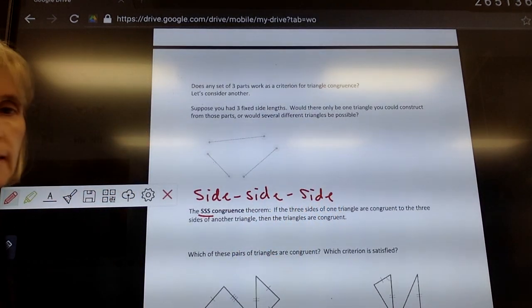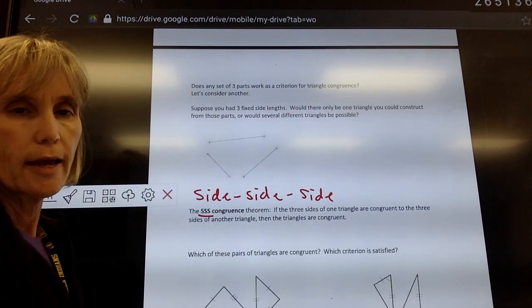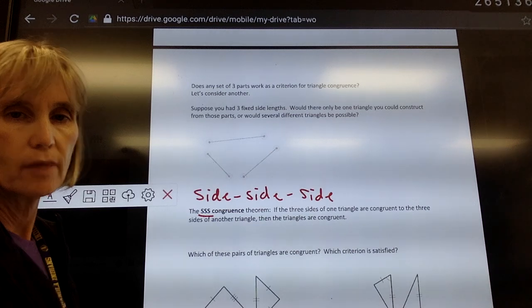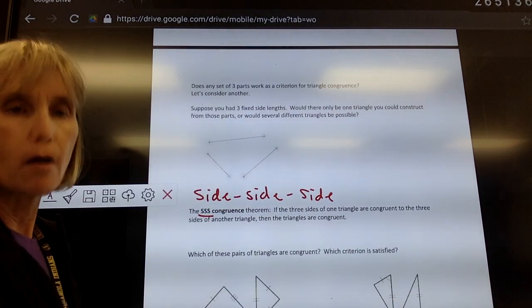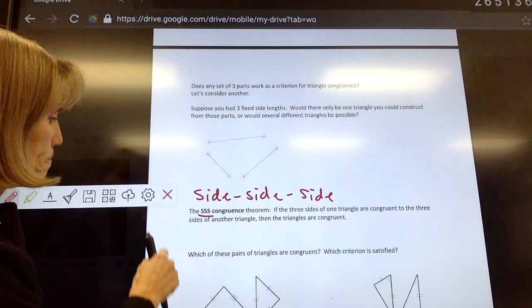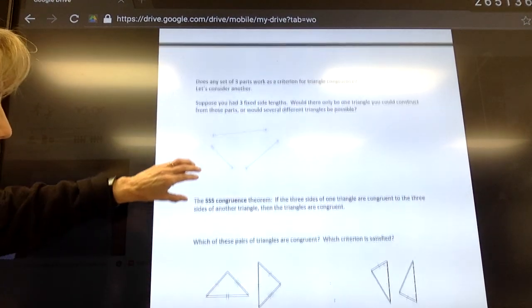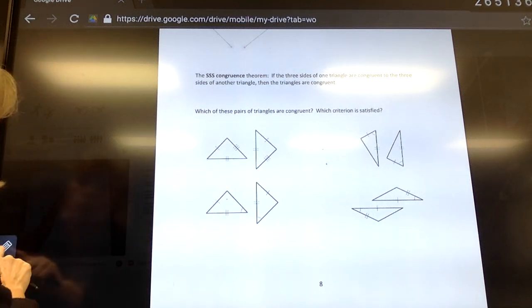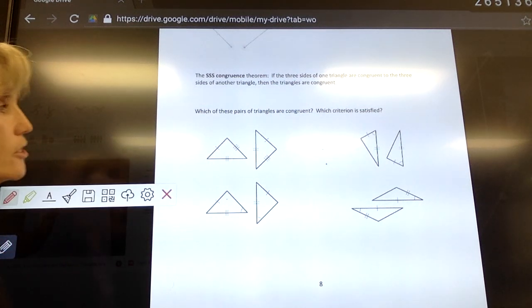Okay, so if I see that I have two triangles and each side is congruent to another side of the other triangle, if I have three pairs of those, then I automatically know that the two triangles have to be congruent to each other. It says which of these pairs of triangles are congruent and which criterion is satisfied.